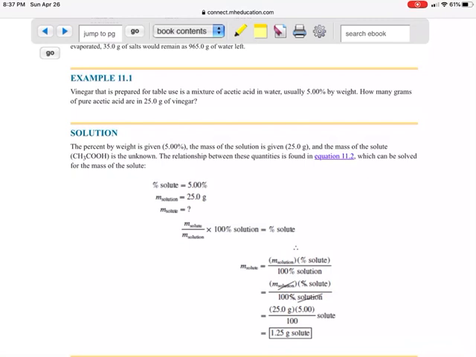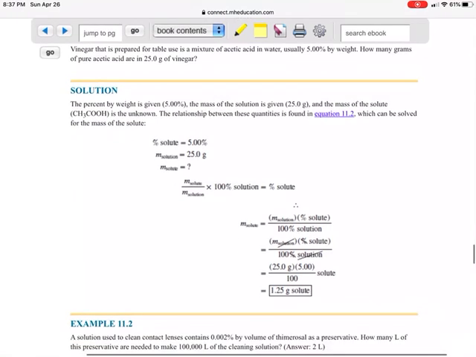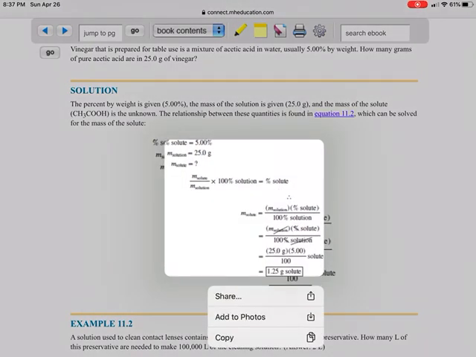And so this is saying how much solute, how many grams of pure acetic acid. So if you go through, you know that you've got 5% by weight, and this is the math portion that I was saying, where you have to figure these percentages.